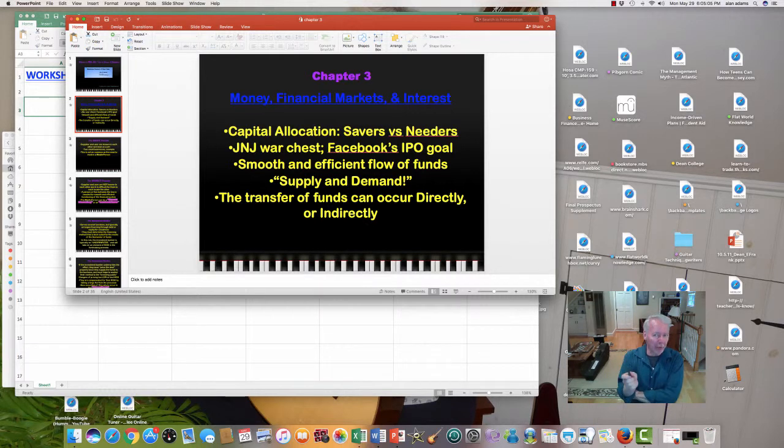Now, here's my point, ladies and gentlemen. Like anything else, I don't care whether it's a Three Musketeers bar or a gallon of gasoline, there is supply and demand. That applies to financial instruments too. What drives stock prices up and down? Well, supply and demand. If a lot of people want to get their hands, for example, on what's my favorite stock? One of my favorites is Verizon.